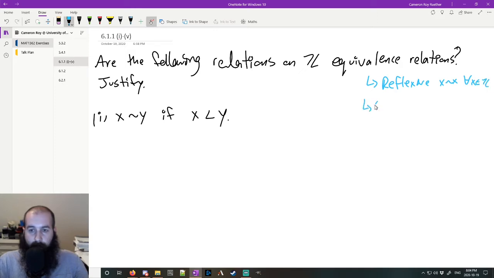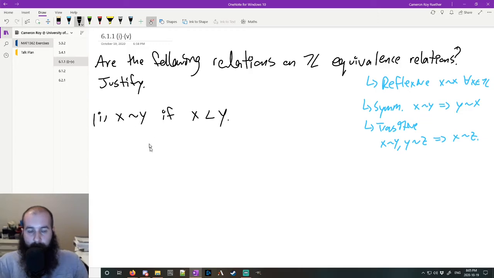It needs to be symmetric. This is the fact that if x is related to y, this implies that y is related to x, and it needs to be transitive. This is if x is related to y and y is related to z, this implies that x is related to z. So we'll either be verifying all these hold or showing which one fails for the following examples.